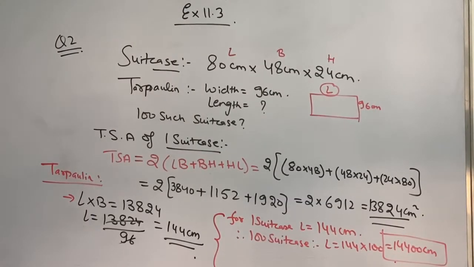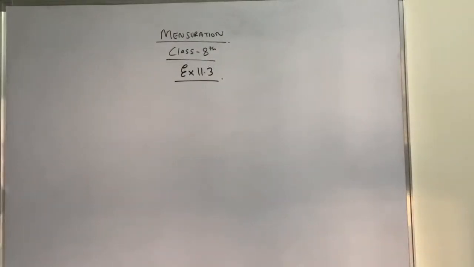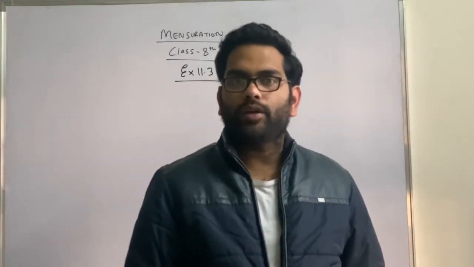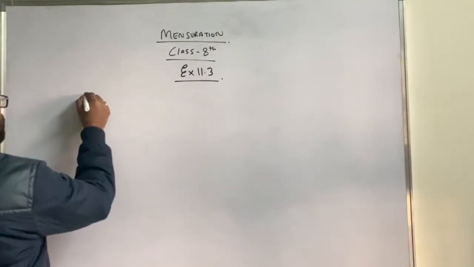Now let us start with the question number 3. Now let us discuss the question number 3 of the exercise 11.3, that is find the side of a cube whose surface area is 600 centimeter square.